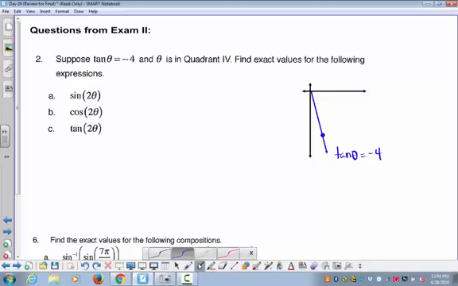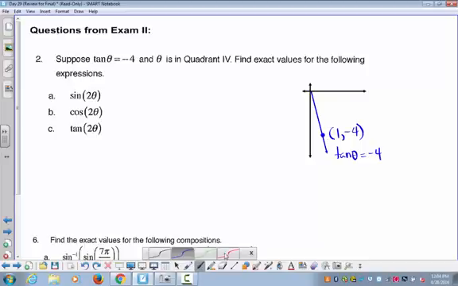So we're dealing with something like that. What would be good coordinates to put on that point down in quadrant 4 that would generate a line with a slope of -4? 1, -4. Yeah, that's the natural choice. Everyone agree that if we have a line through the origin with that point on it, slope is -4? Y over x. How about the r value?